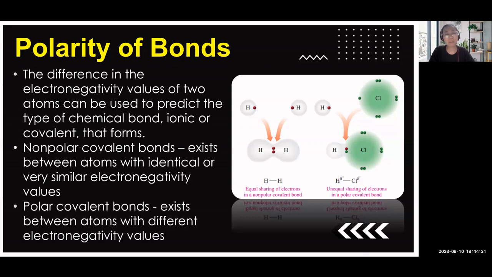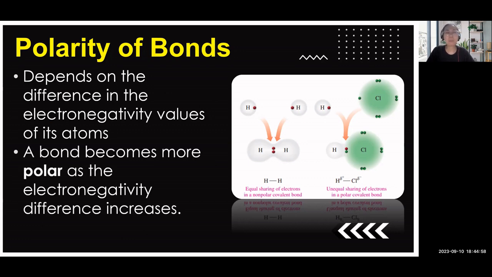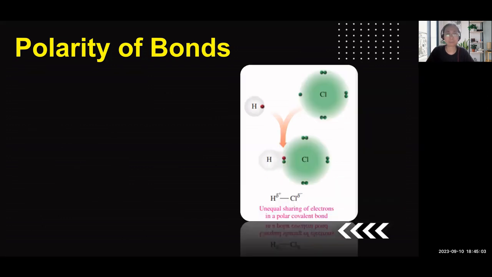Whereas if the electronegativity values are very different, so we get a certain value for their difference, we can say that the type of bond that exists there is a polar covalent bond. Also remember that the polarity of your bonds depends on the difference in the electronegativity values of its atoms. A bond becomes more polar as the electronegativity difference increases.